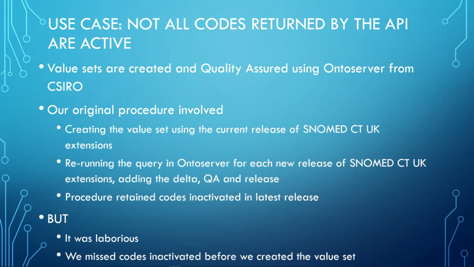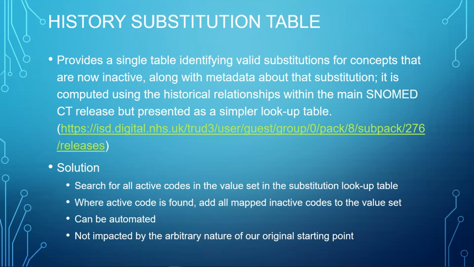So we needed a solution, and we looked around, and in the end, the obvious thing to do was to look at the history substitution table, and that allowed us essentially to go and find any code which was in the current version of the value set and see whether that mapped to any historic or inactive code, and pull those inactive codes into the value set to ensure that we were not missing concepts which had been inactivated.